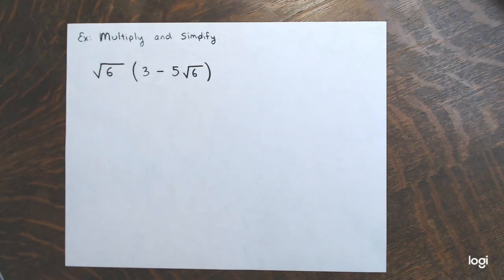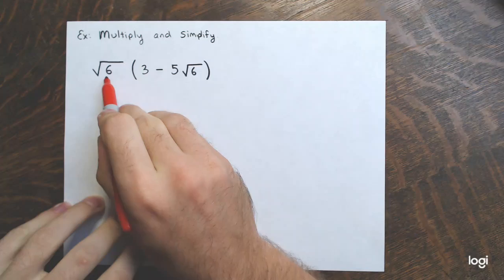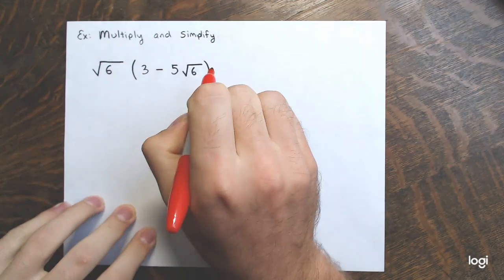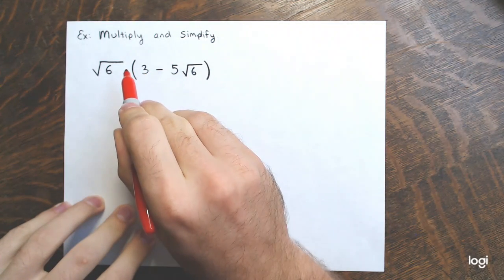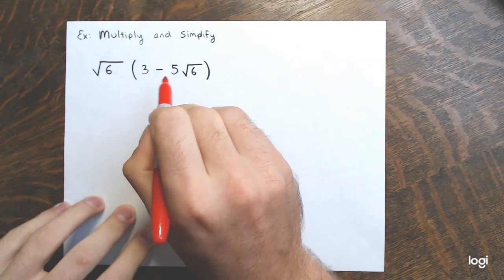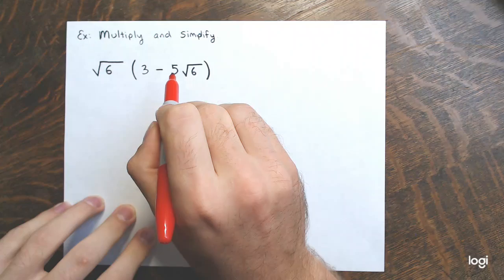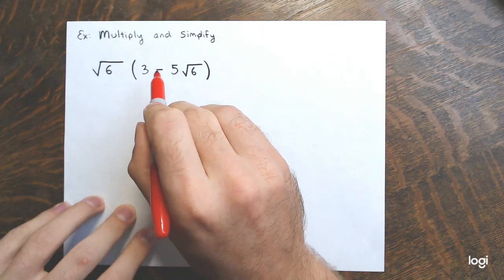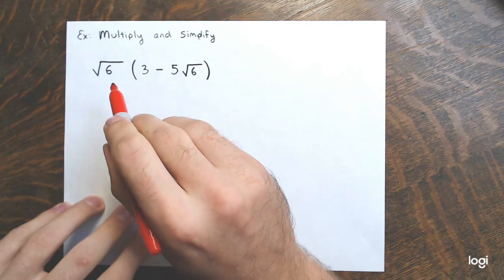In this example, we have the square root of 6 multiplied by the quantity, and there's no plus or minus between them, it's multiplication. The other factor has two terms: 3 minus 5 times the square root of 6, or 3 plus negative 5 root 6.